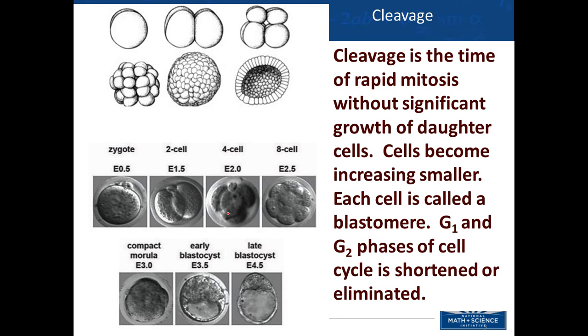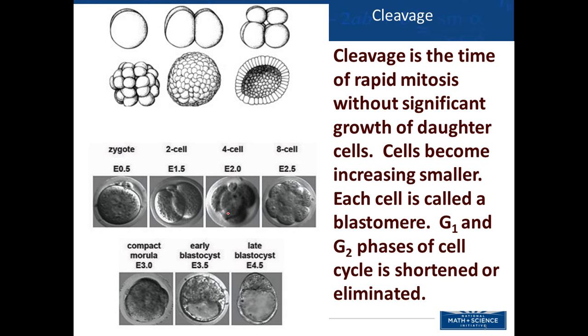And because this is happening so quickly, the G1 and G2 phases of the cell is shortened or practically eliminated. If you are looking at an animal cell, in general, mitosis occurs once every 24 hours. However, when you're talking about cleavage, usually cleavage can occur in seconds.